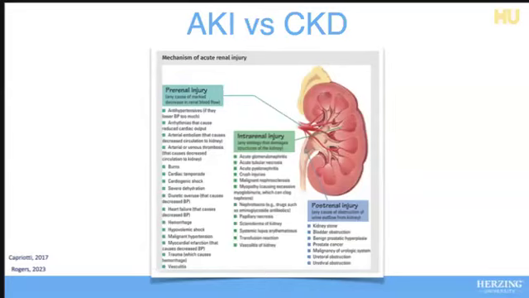However, AKI can lead to chronic kidney disease progression if the kidneys do not recover fully. That's what I was talking about, if they have AKI on top of chronic kidney disease. It's vital for them to recover fully to get back to that baseline.